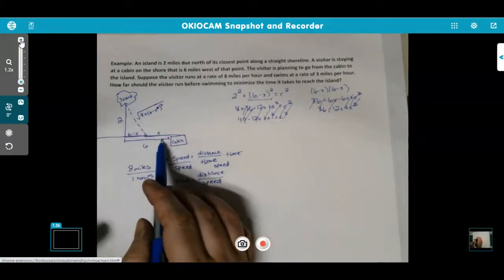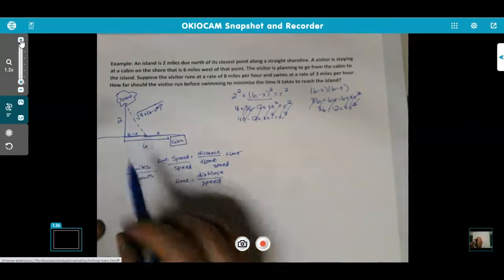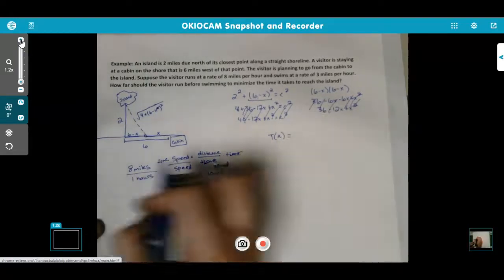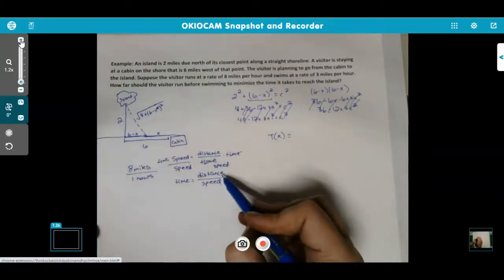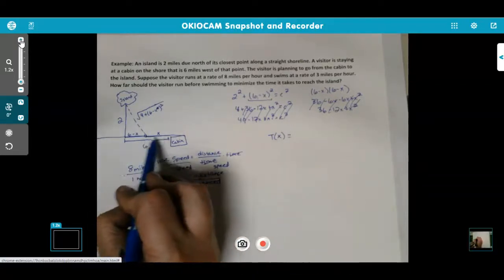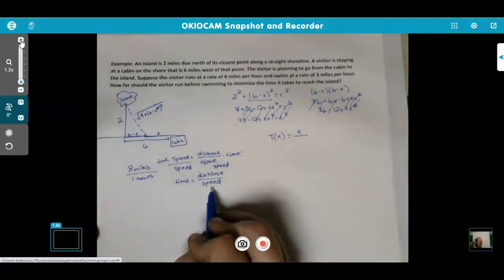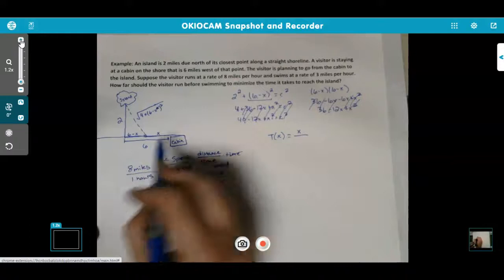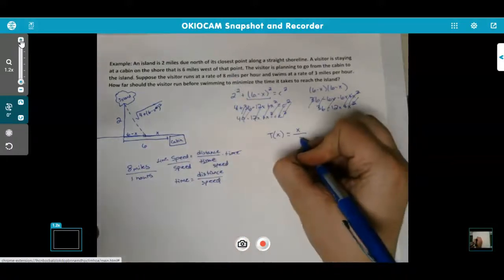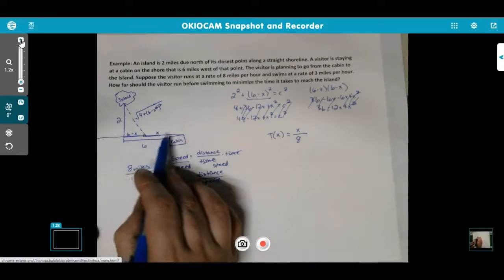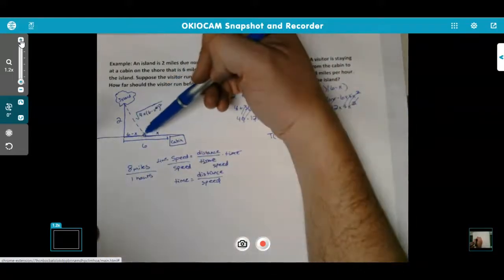So on the land, I'm going to write my t of x. On land, how far I run is x, so on top it's going to be x, divided by my speed on the land, which is 8. So x over 8 is my time on the land. But then I'm going to hop out and swim over here.